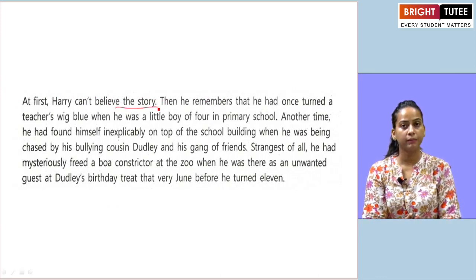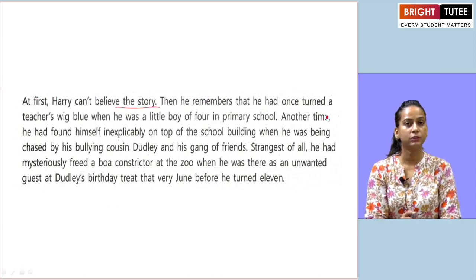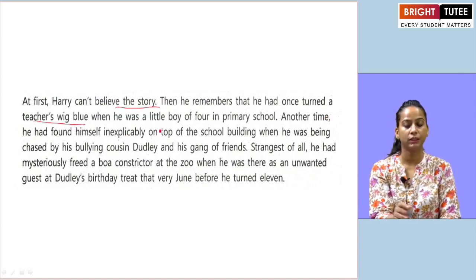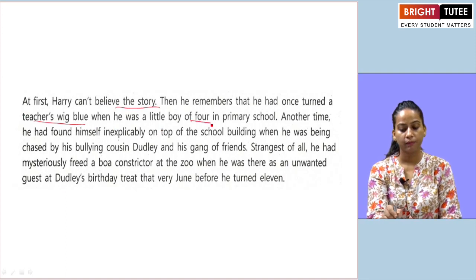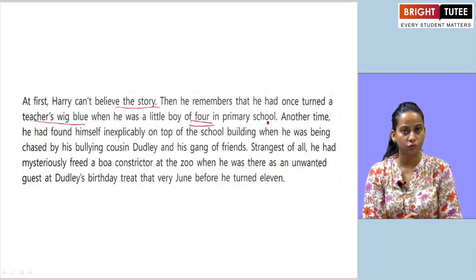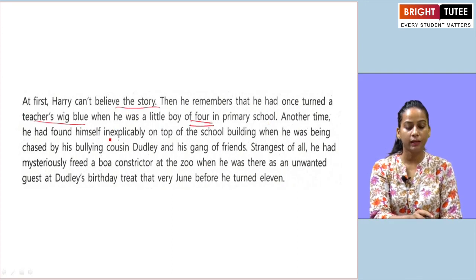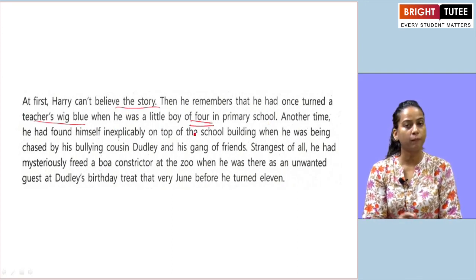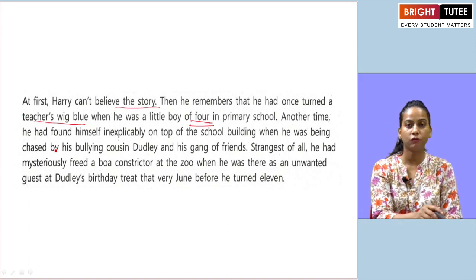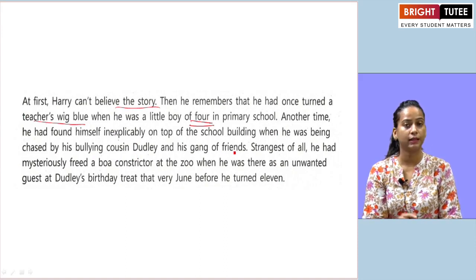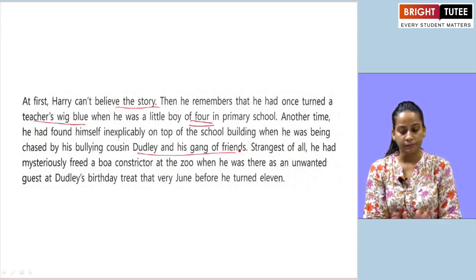Then he remembers that he had once turned a teacher's wig blue when he was a little boy of 4 in primary school. Another time he had found himself inexplicably on the top of the school building when he was being chased by his bullying cousin Dudley and his gang of friends.